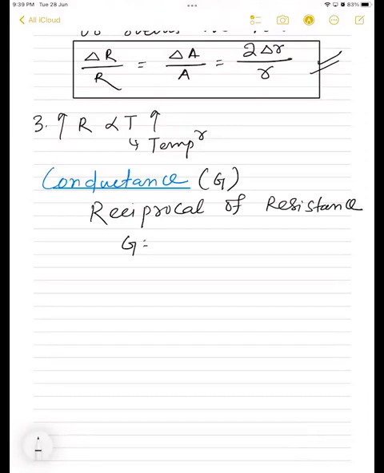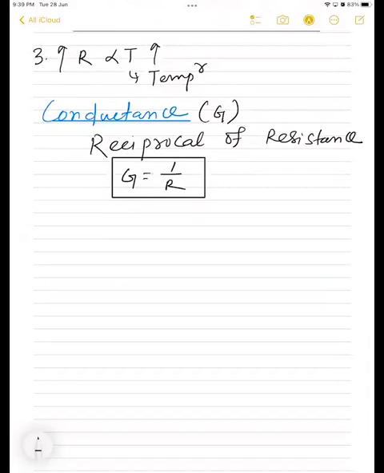And G is equal to 1 by R. So its unit is going to be what, students? Ohm inverse, mho or Siemens or ohm inverse, right? So अगर हम इसकी unit की बात करेंगे तो it is going to be ohm inverse, right? Or you can write MHO, or you can also write Siemens.